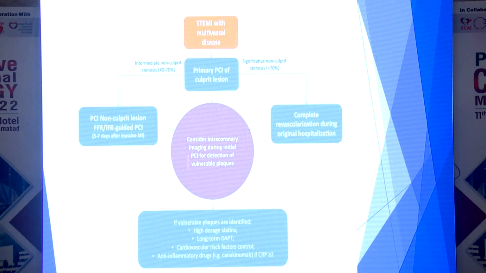If it is an intermediate non-culprit lesion, that is 40 to 70%, PCI of non-culprit lesions can be done either by FFR or iFR guided PCI within 5 to 7 days after STEMI, or consider intracoronary imaging during the initial PCI for detection of vulnerable plaques.